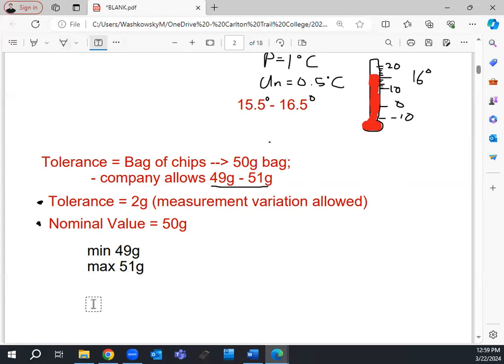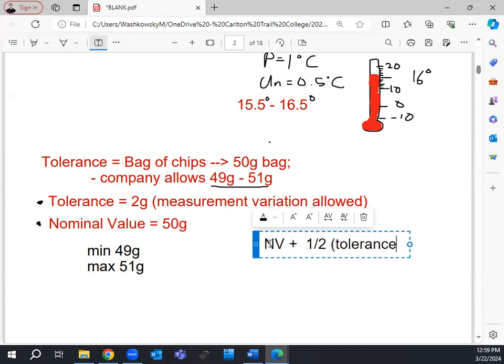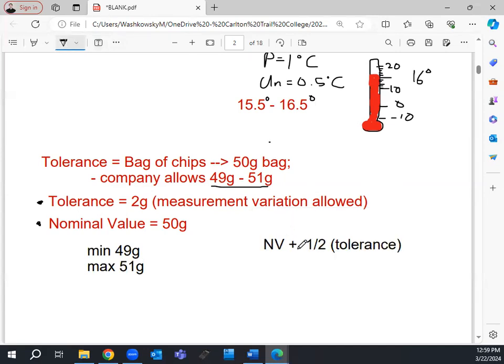So there's 4 different ways. I'll split them up to better distinguish them in a second. One of the other ways is we take the nominal value plus or minus 1/2 of the tolerance. In this case, this would be 50 plus or minus 1 gram, right?